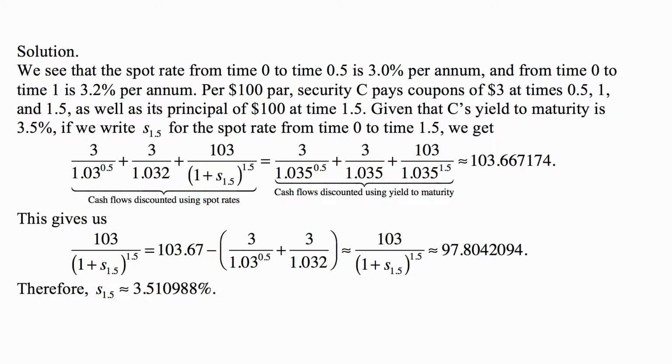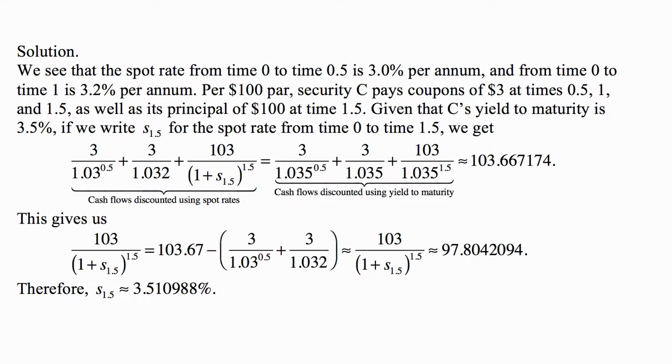Of course, for the first one, it's 1.03 to the 0.5 because 3% is the annual rate and the cash flow comes at time 0.5. And then 103 is paid at time 1.5, and we discount it at the spot rate applicable to time 1.5. So 1 plus S1.5 to the power of 1.5.